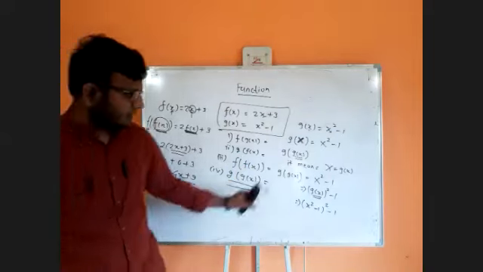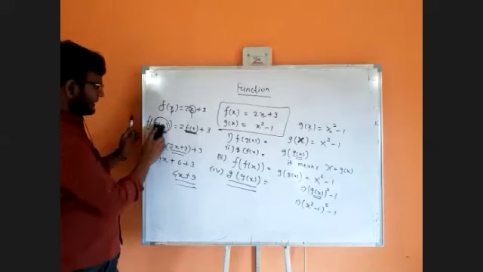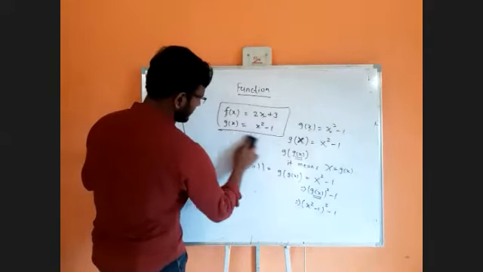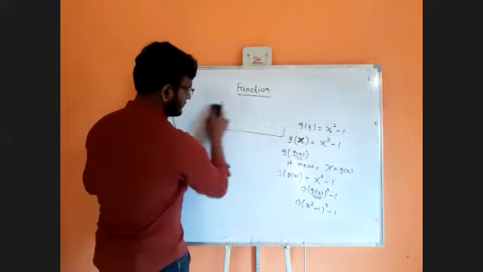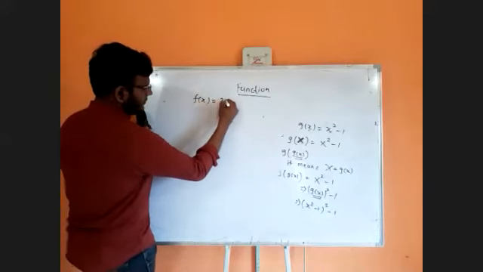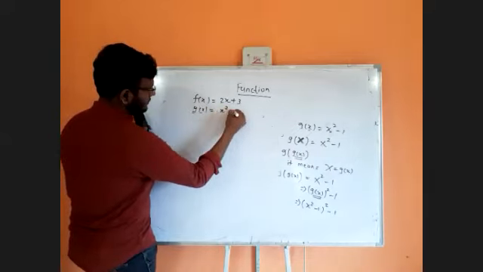Do you want me to explain this again? Okay. I'll explain it again, probably with an example. So your f of x is 2x plus 3 and g of x is x square minus 1.